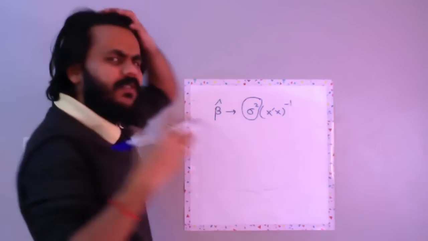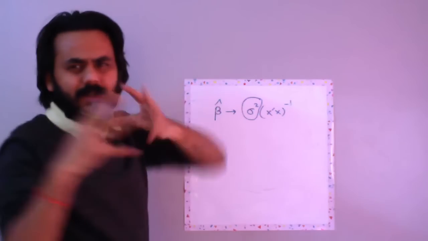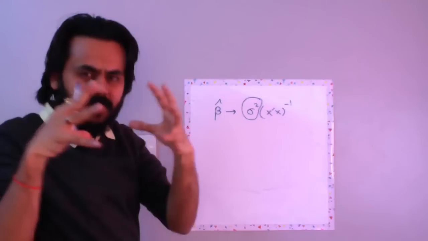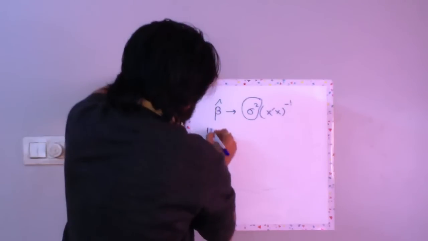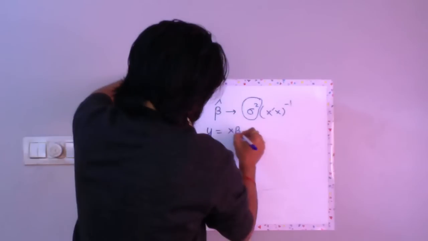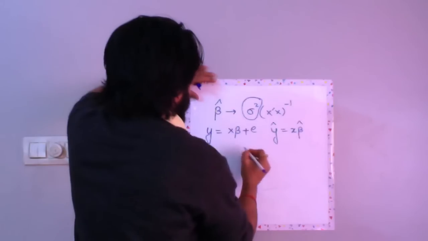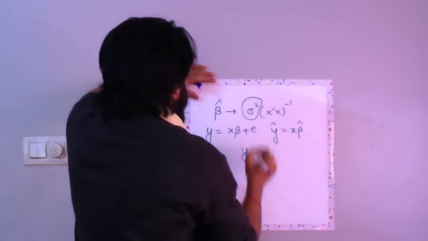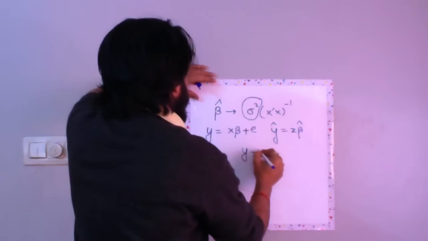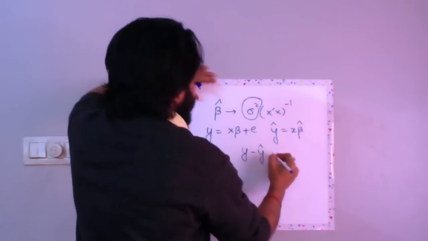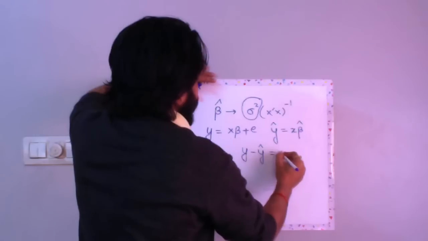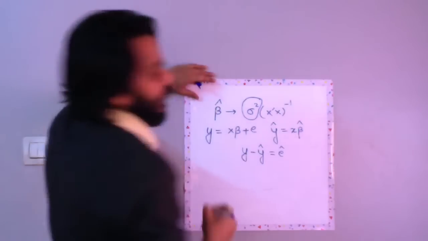So a bit of recall, or rather a condensation of the thoughts we have gone through. We know that y is equal to x beta plus e, and y minus y hat is your e hat, or residual.